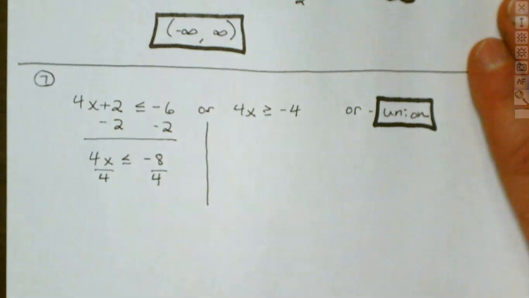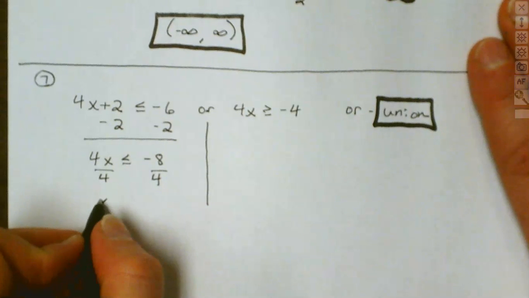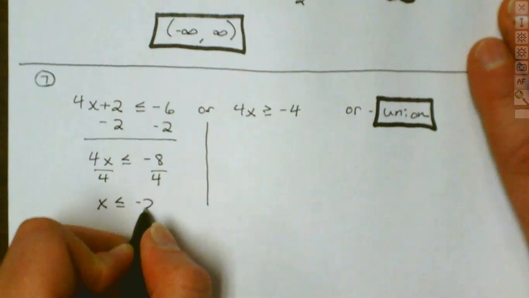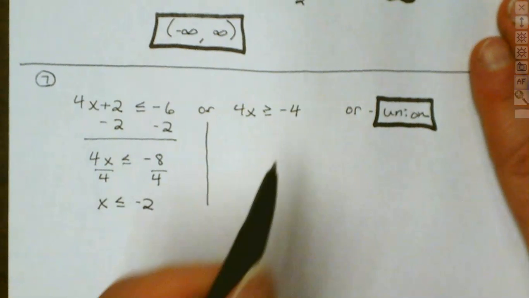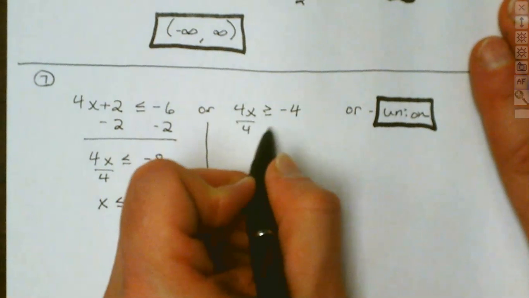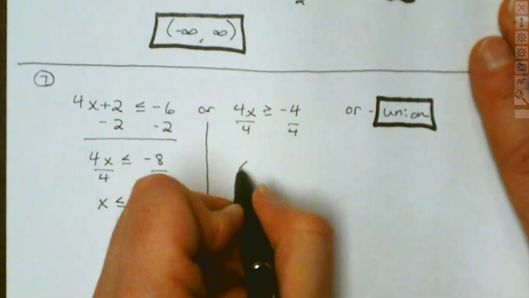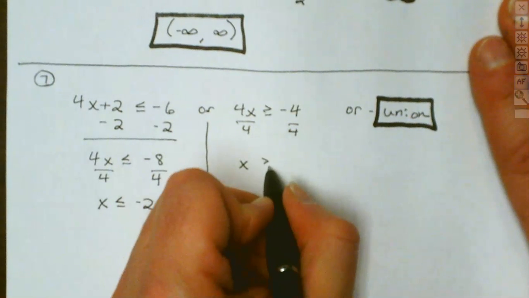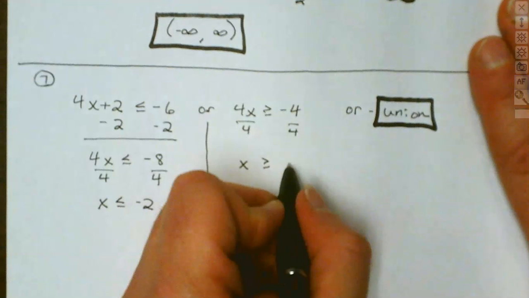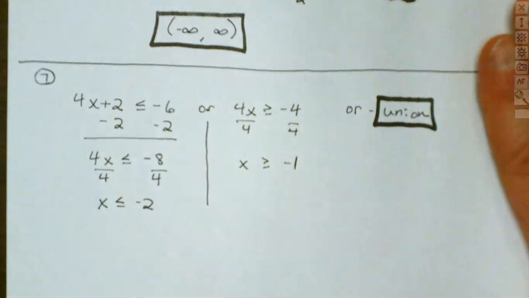No. Very, very important, we don't switch it. Why not? We divided by a positive 4, so it stays the same. What about the other one? We divide by that 4. Now we've got x is greater than or equal to a negative 1.